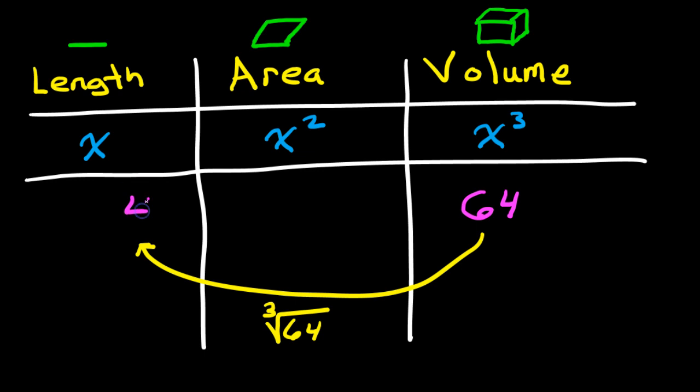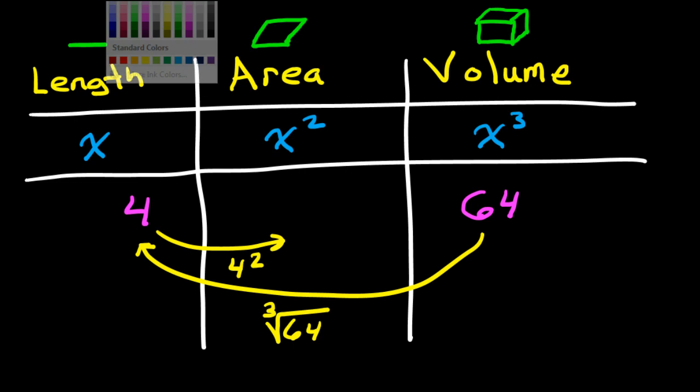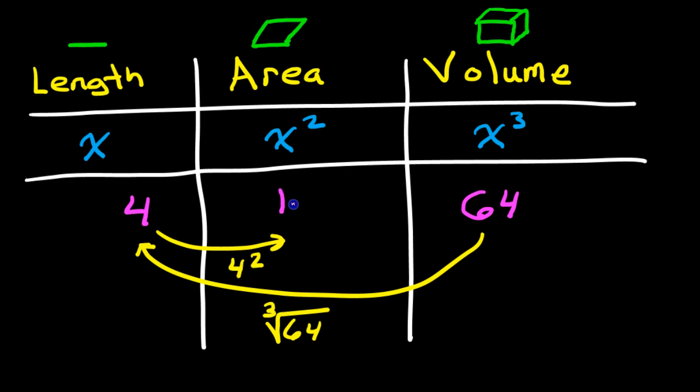So that tells me that the length would be 4. And then, if I want the area, I would square that. So I would do 4 squared, and that's going to give me 16. So I started with the volume, I could get the length and the area. If you give me any one of these, I can find the other 2.